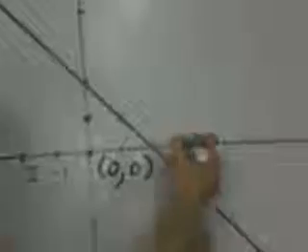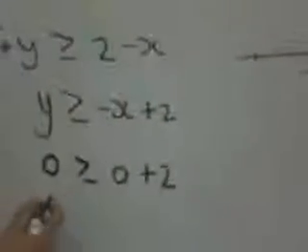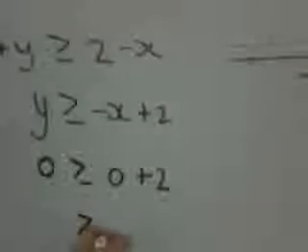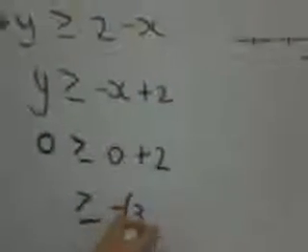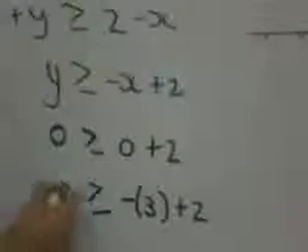But just to check and make sure, I'm going to pick a point on this side. This would be 1, 2, 3, so it's 3 and 0. Let's plug in 3 and 0. x is 3, so I'm going to say minus 3, plus 2, and y is 0.